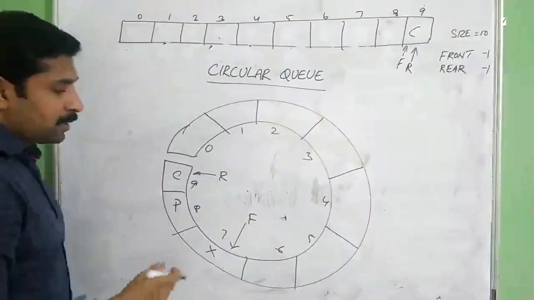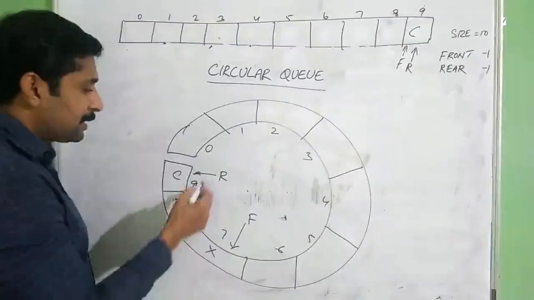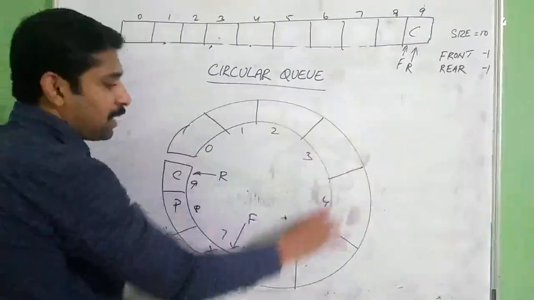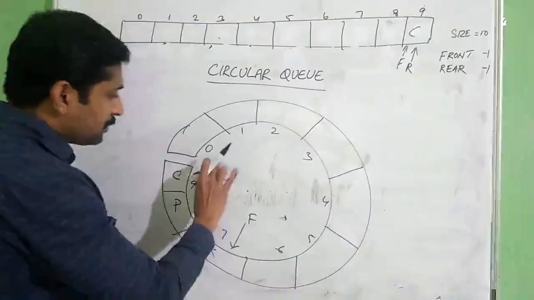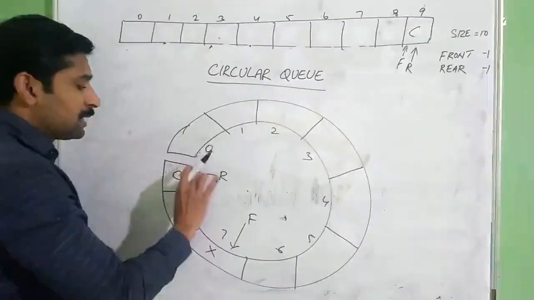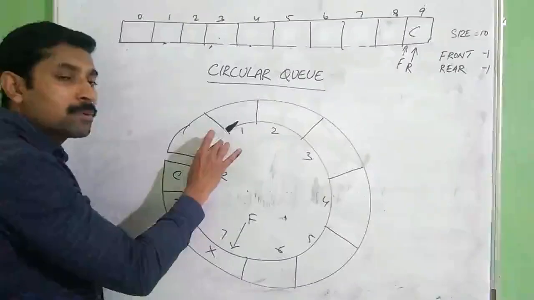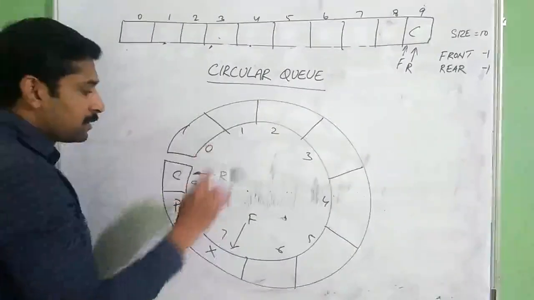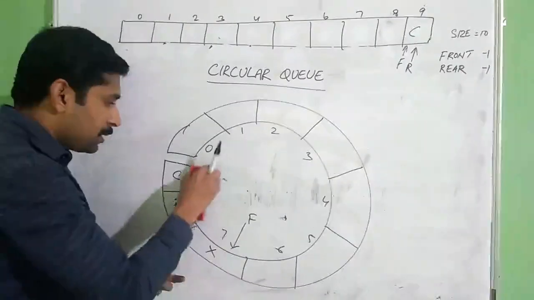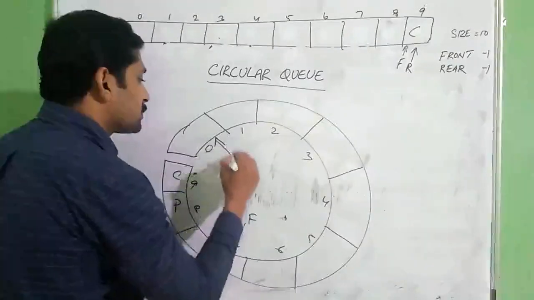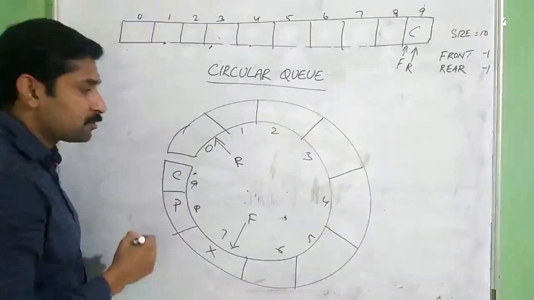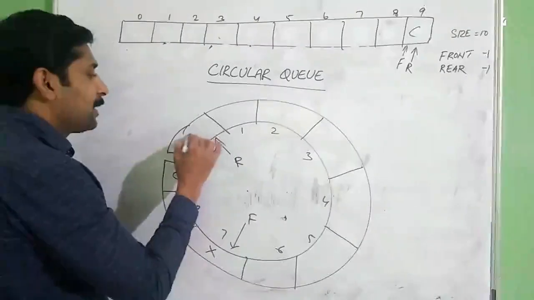In this case, we make the logic that if there is space after this, we will switch the rear from the last location to the first location. So if we want to add a new item, rear becomes 0. Rear will be reset to 0, and we will add the item.